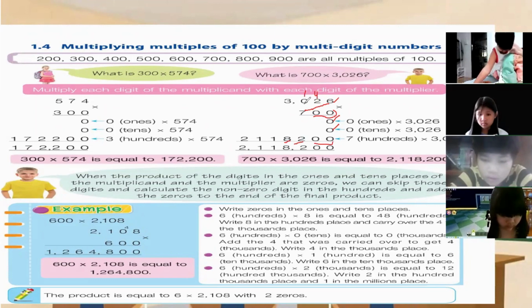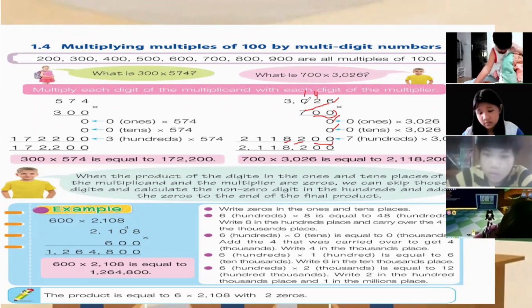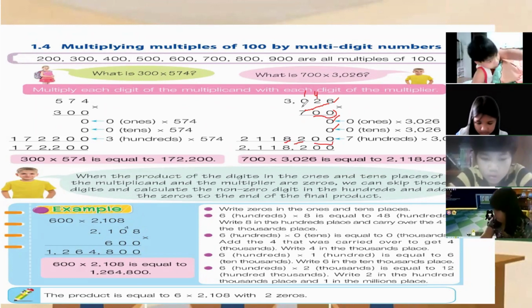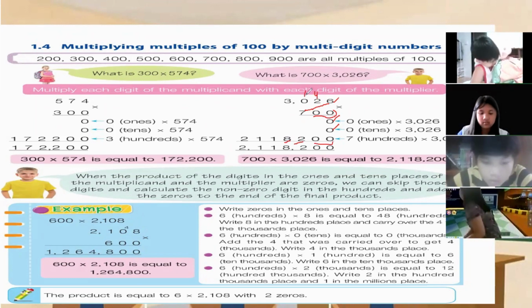Now 7 into 0 becomes how much? Students, 7 into 0. 0. Very good. 7 multiplied by 0 is equal to 0. But we already have 1 carried over at the place 100. So 1 will come down at the place 10,000.